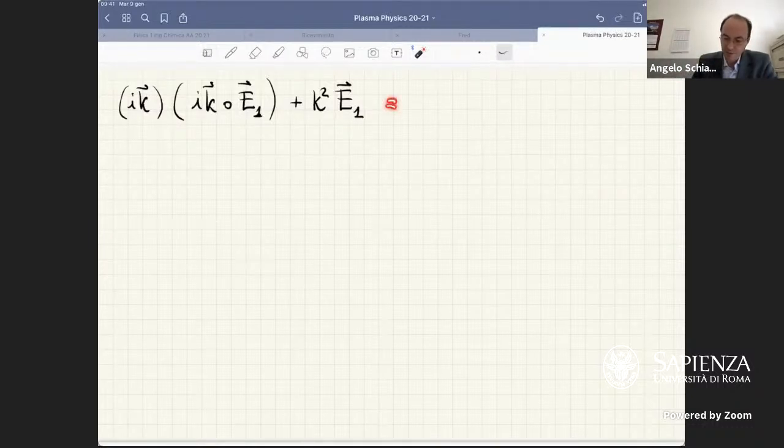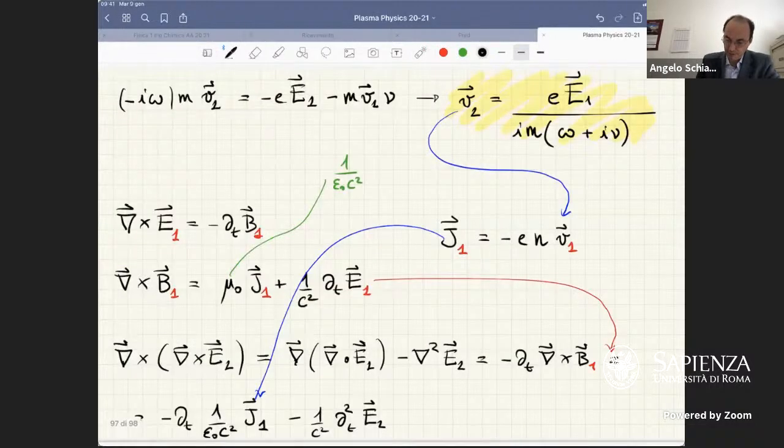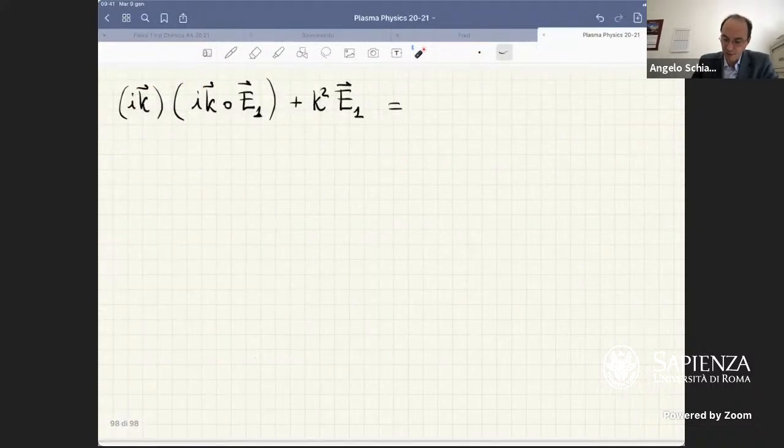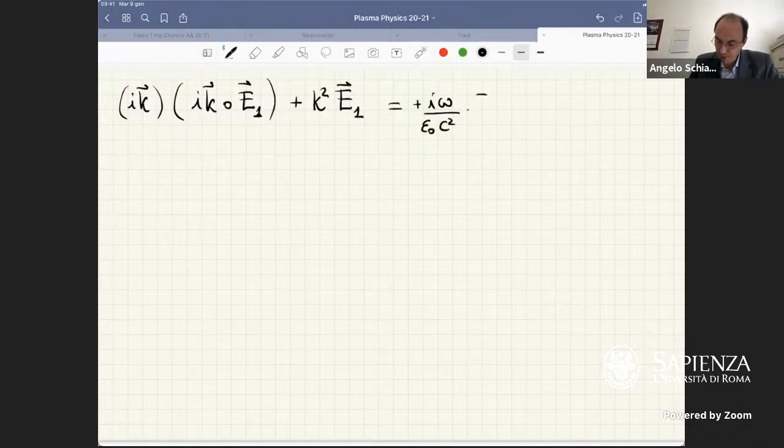Then what we have is the time derivative of the current, minus the time derivative, so minus minus makes plus 1, plus i omega, and then we have epsilon naught c squared, and then we have J1.